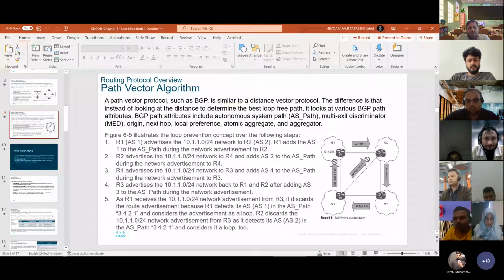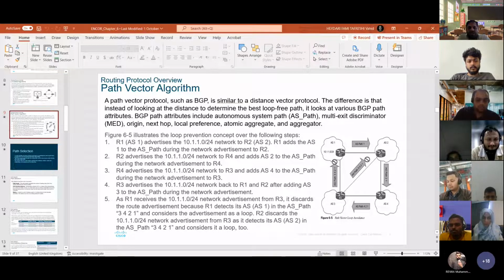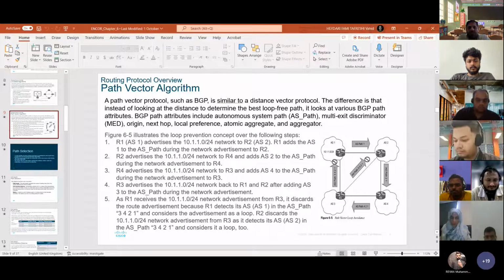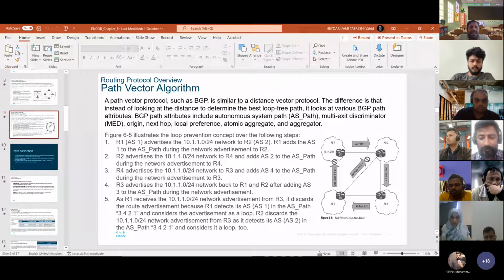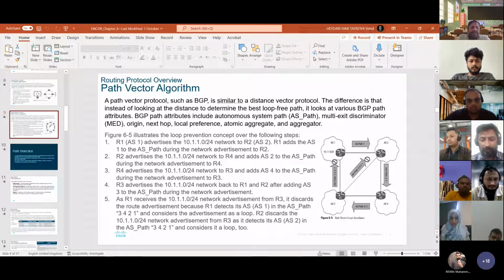You have seen a collection of attributes like AS path, like MED, like origin, like what else? Preference, yeah? All those attributes. All of them together will be considered when BGP wants to send a packet or update a route for basically routing a packet towards the destination.